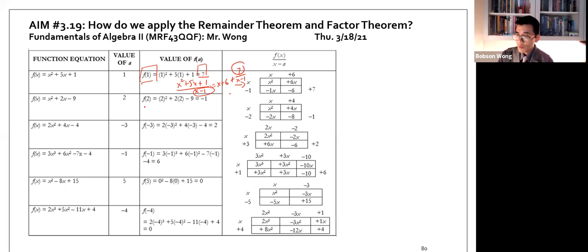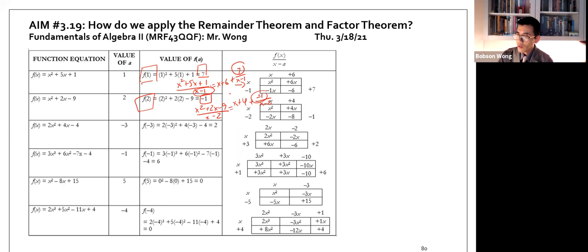And when we divide by x minus 1, we get a remainder of 7. Similarly, in the second row, f of 2 is equal to negative 1. And when we take x squared plus 2x minus 9 and we divide by x minus 2, we get some quotient. In this case, it's x plus 4, plus negative 1 over x minus 2.